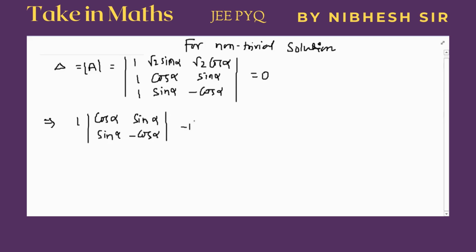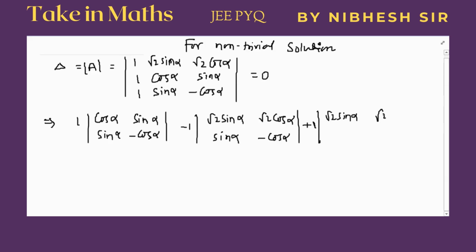Then minus 1 times the minor root 2 sin alpha, root 2 cos alpha, sin alpha, minus cos alpha. Then plus 1 times the minor root 2 sin alpha, root 2 cos alpha, cos alpha, sin alpha. And this is equal to 0.